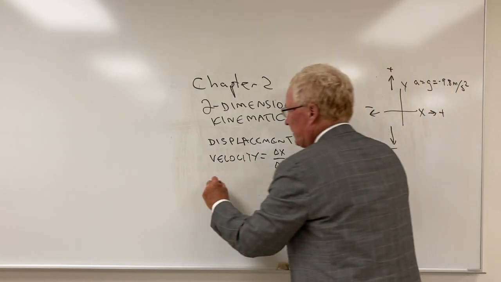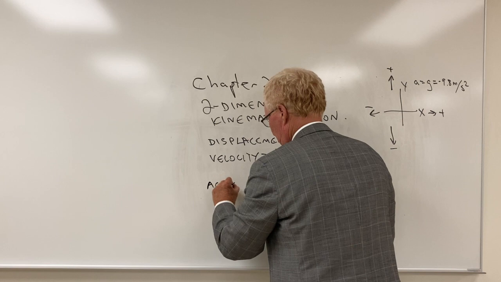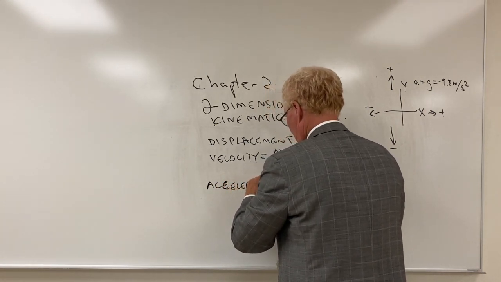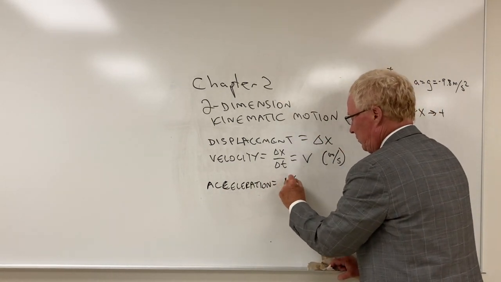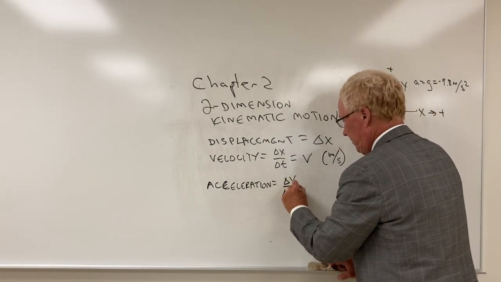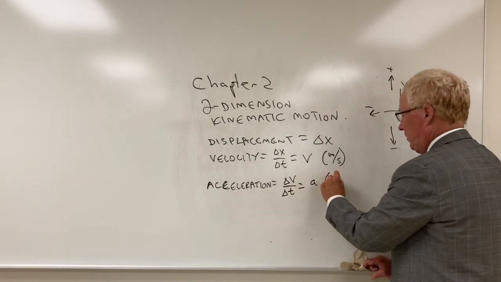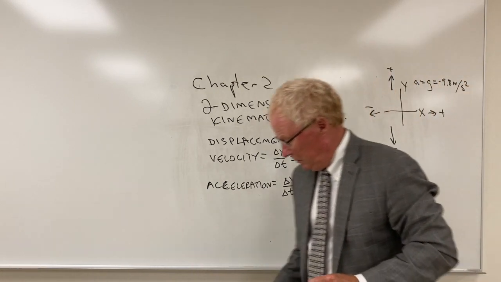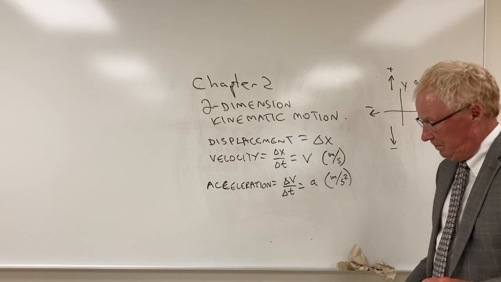And then we'll have acceleration, which we define as change of velocity over change in time, which is a, in units of meters per second squared. So this is what we call that.